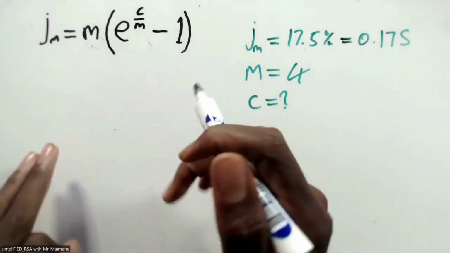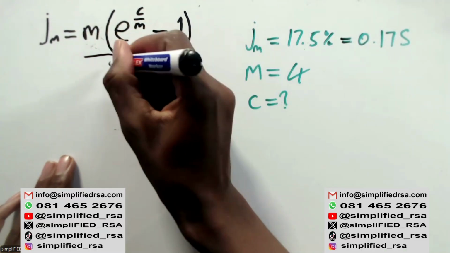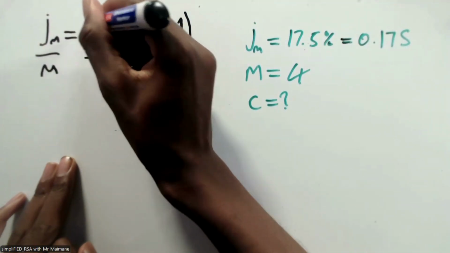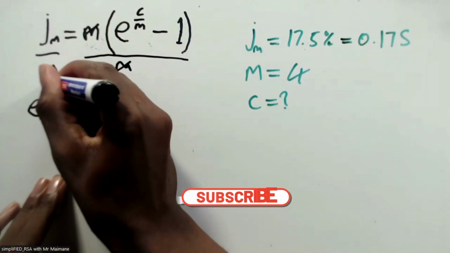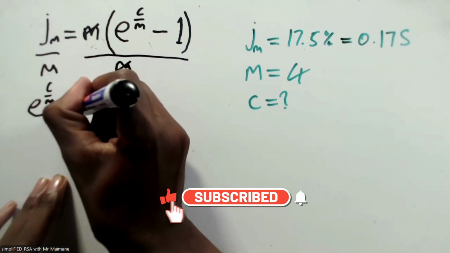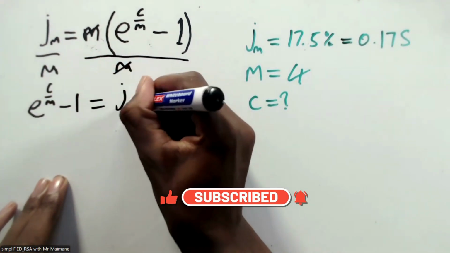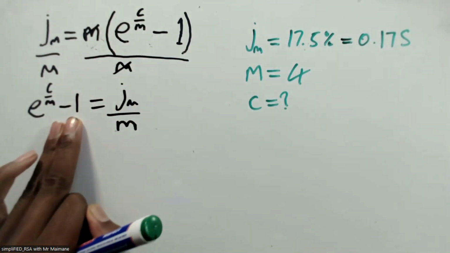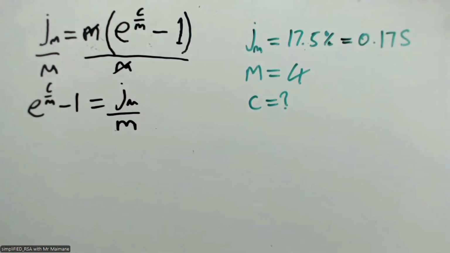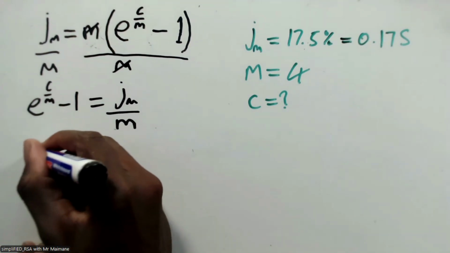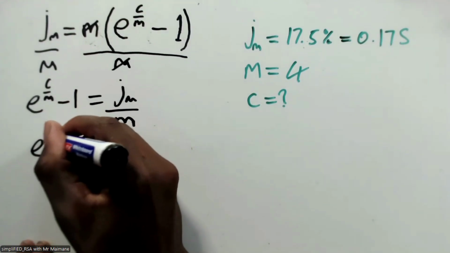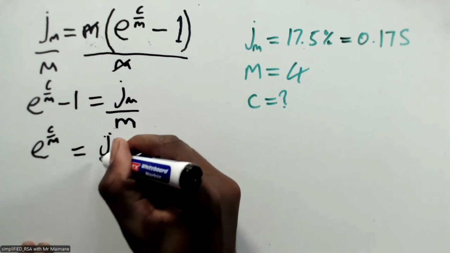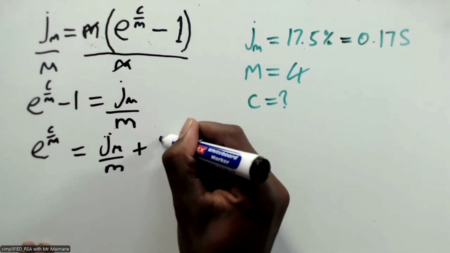To make c the subject of the formula, first I divide by m on both sides, so the m cancels. I'll be left with e^(c/m) minus 1 equals J_m over m. Then I take the 1 to the other side of the equal sign, where it becomes positive. So e^(c/m) equals J_m over m plus 1.